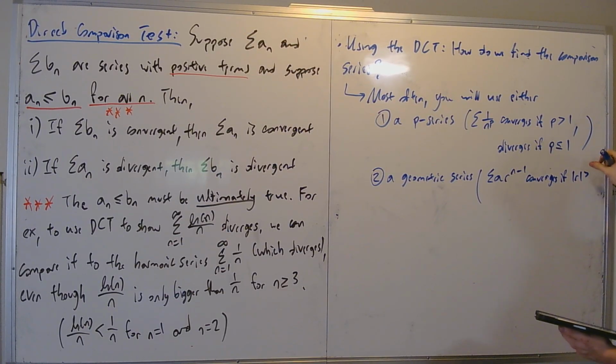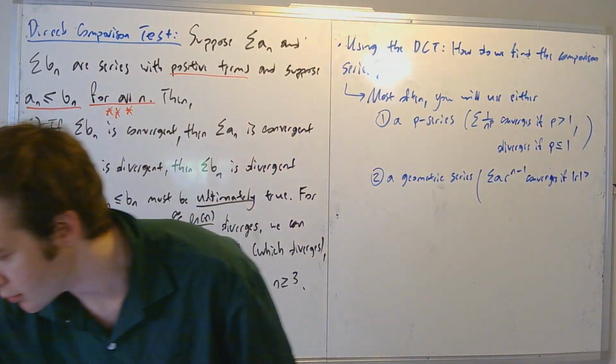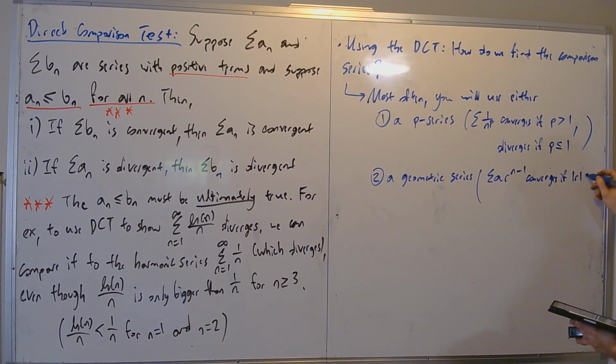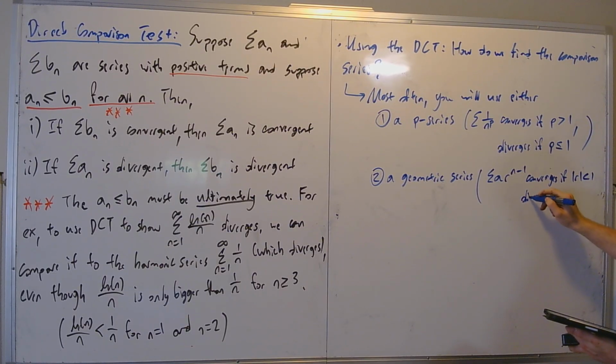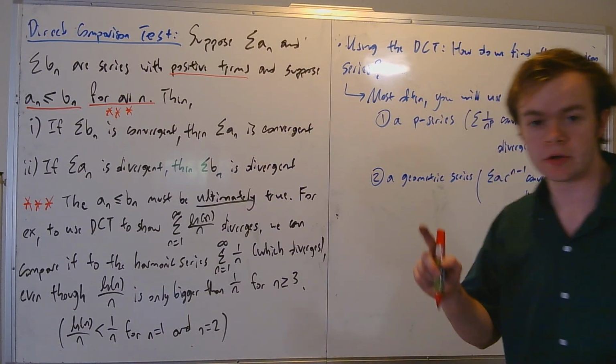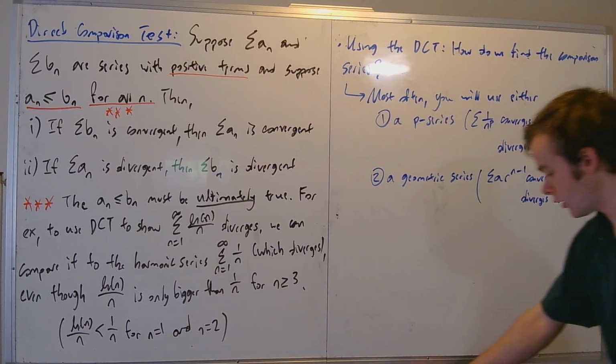That's not what I meant to say. Is less than 1. That's what I meant to say. And it diverges if the absolute value of r is greater than or equal to 1. Right. Okay.